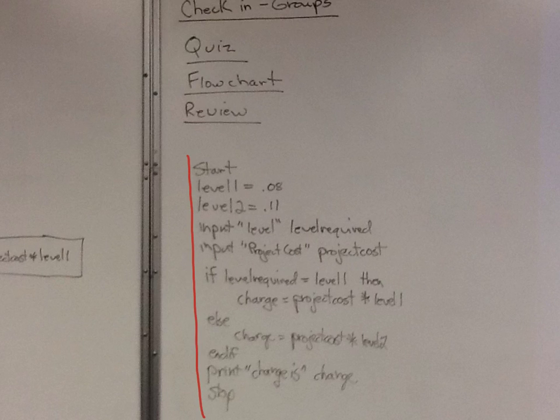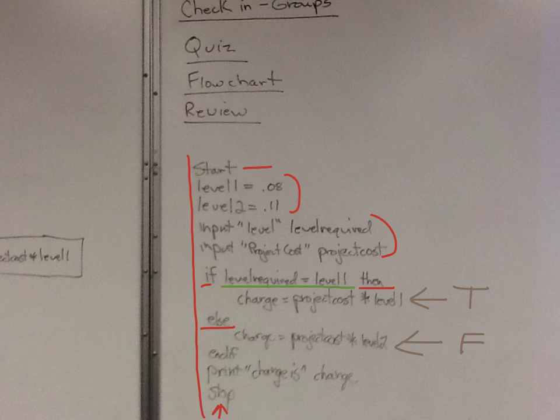Pseudocode, this should all be a straight line. We've got our start, and down here our stop. So these 2 would be initialization, input the values in, and we say if, here's the conditional, and then we have then. So this right here, this would be the true part, and this would be the false part.